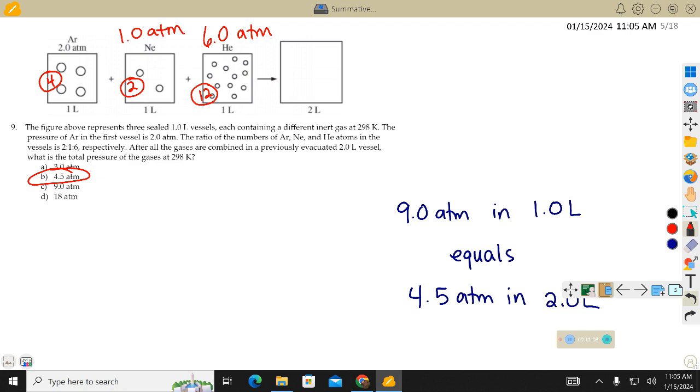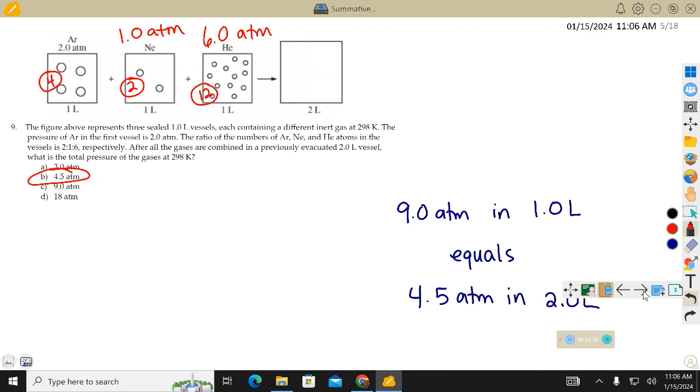So if I notice that the argon has 4 particles and that pressure is 2 atmospheres, if there's only 2 atoms of neon in the same container at the same temperature, the pressure should be half. So I could say then that the neon would be 1 atmosphere. If there's 12 atoms of helium, that's triple the amount of particles of argon, so it should be triple the pressure. I should have 6 atmospheres of helium.